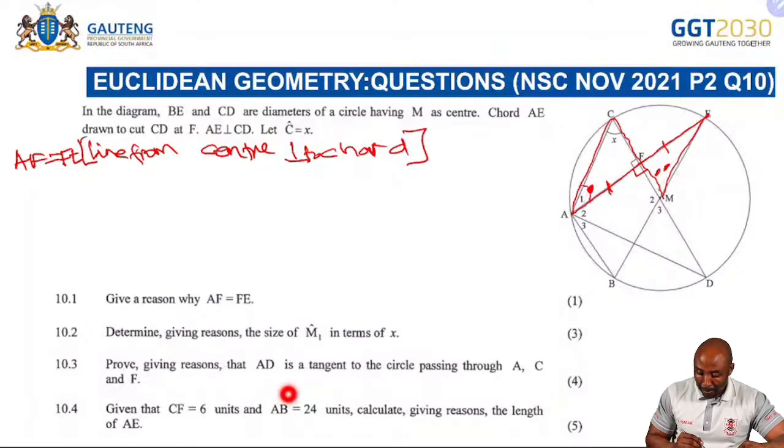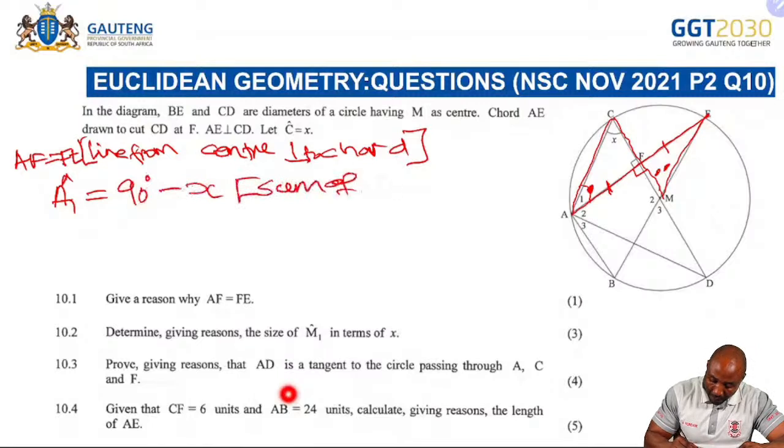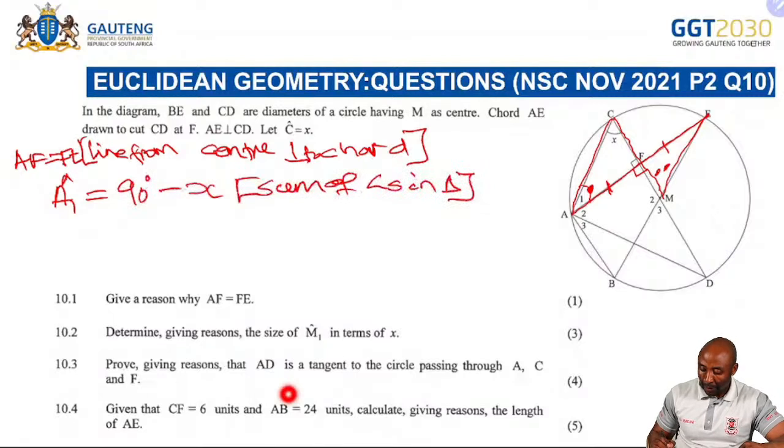So if I look at that one, my angle F is 90 degrees, that one is X, so I can use my angle A1 is equal to 90 degrees minus X. These are sum of angles in a triangle. Now, from there on, I'm able to see that my arc CE is subtending this angle A1 and that angle M1.